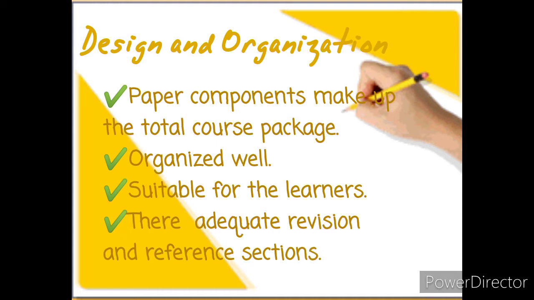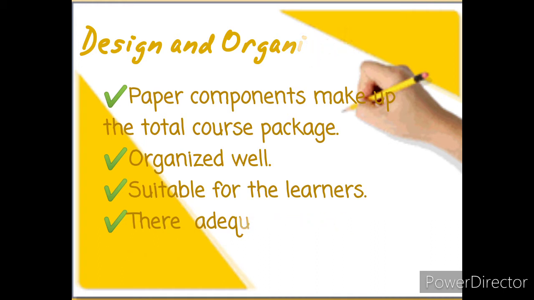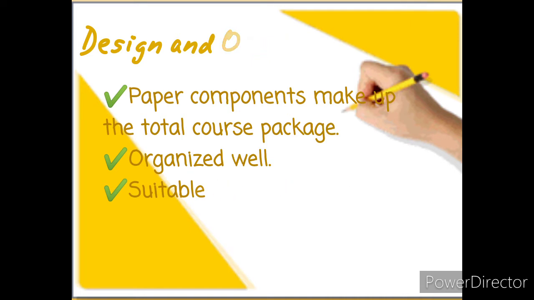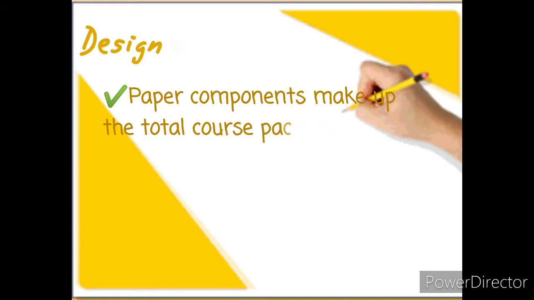The content sequence in the coursebook starts from introductions, including greetings, at the early chapters, and in the last chapter the material is more complex, that is, finding the message from a text or song. The grading in this coursebook is suitable for the learners. There are adequate revision and reference sections, which make it easy for readers to find their way around the coursebook.